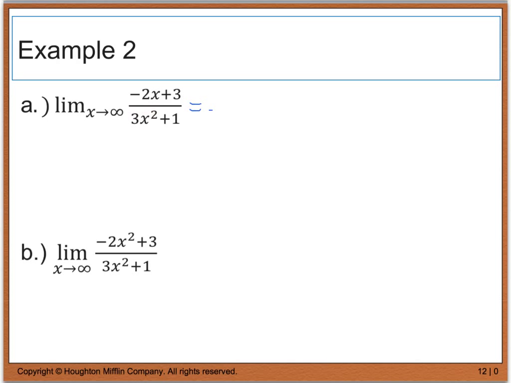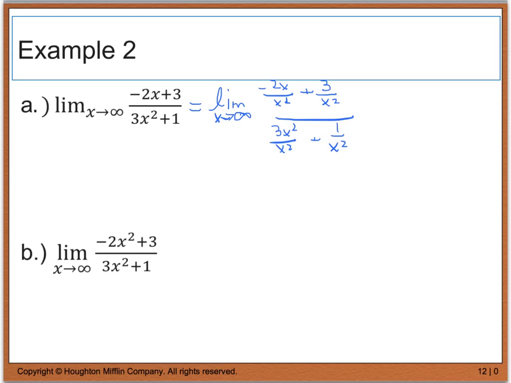What I end up with then is the limit as x approaches infinity of negative 2x divided by x squared plus 3 divided by x squared, all divided by 3x squared divided by x squared plus 1 divided by x squared.